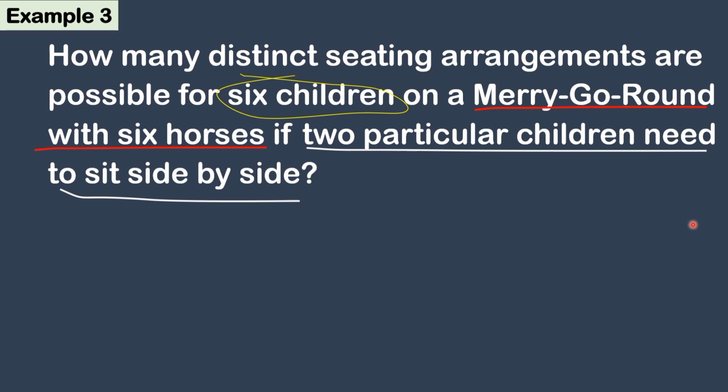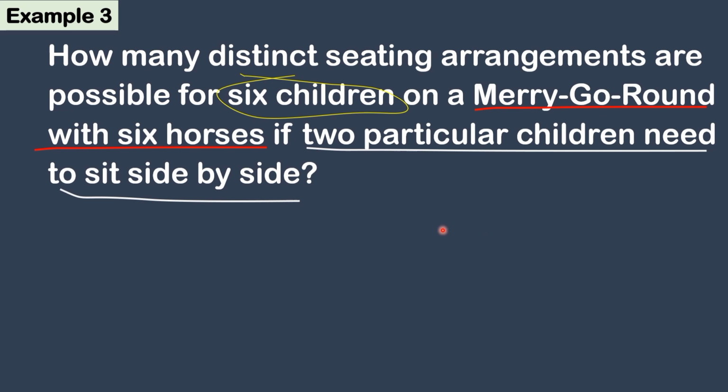Treat the 2 specific children as a block or a single unit. Arrange the 5 units, the block plus the 4 other children, around the merry-go-round.